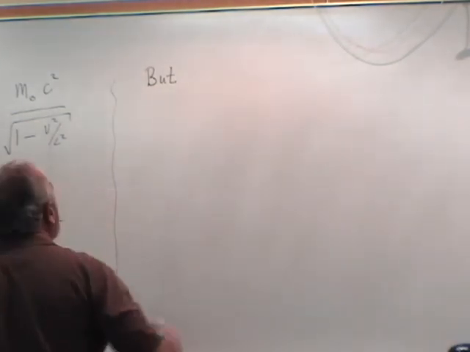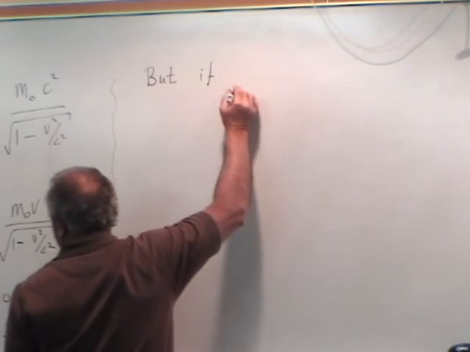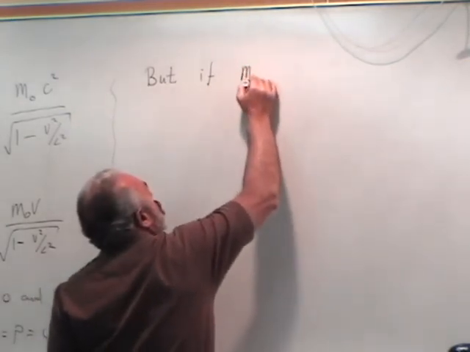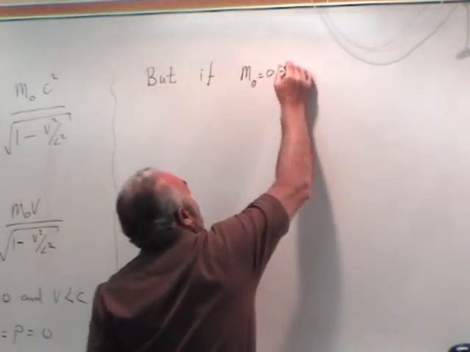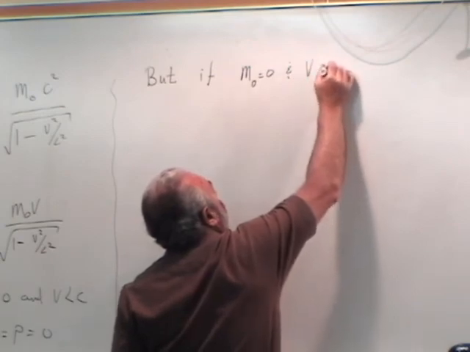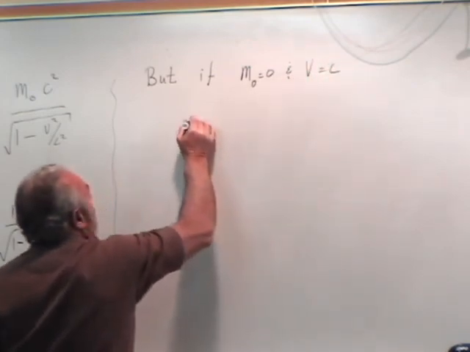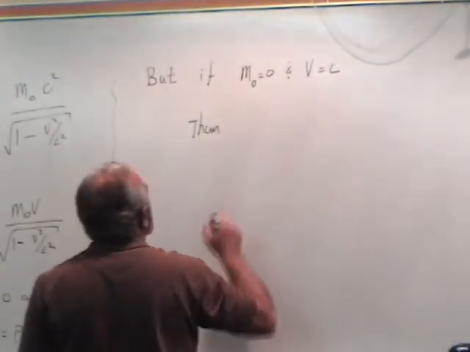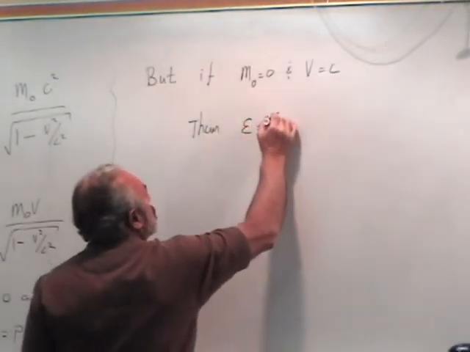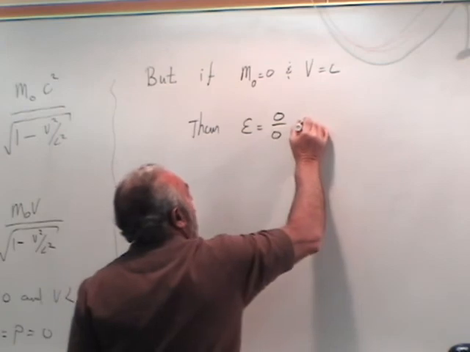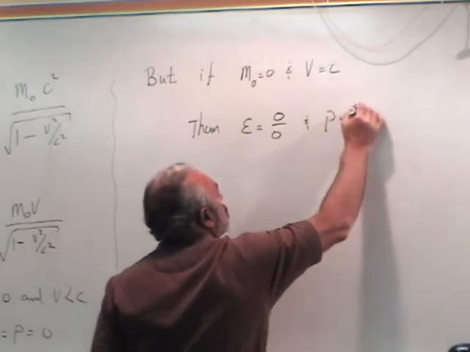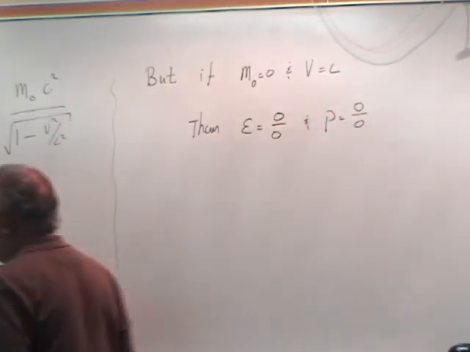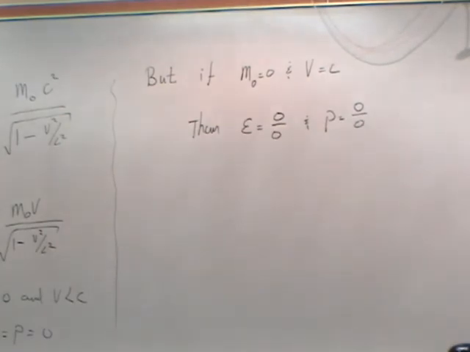But, if m naught equals 0 and v equals c, then E equals 0 over 0 and p equals 0 over 0. And what word do the mathematicians use?